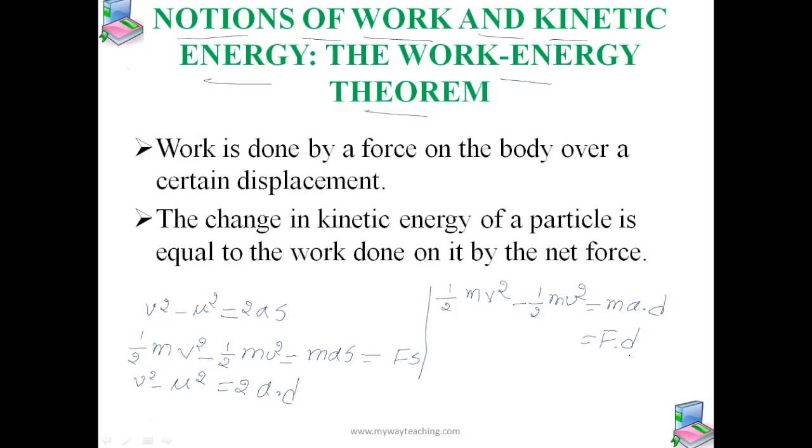We can rewrite the equation in terms of kinetic energy and work: Kf minus Ki is equal to W, where Ki and Kf are respectively the initial and final kinetic energies of the object.